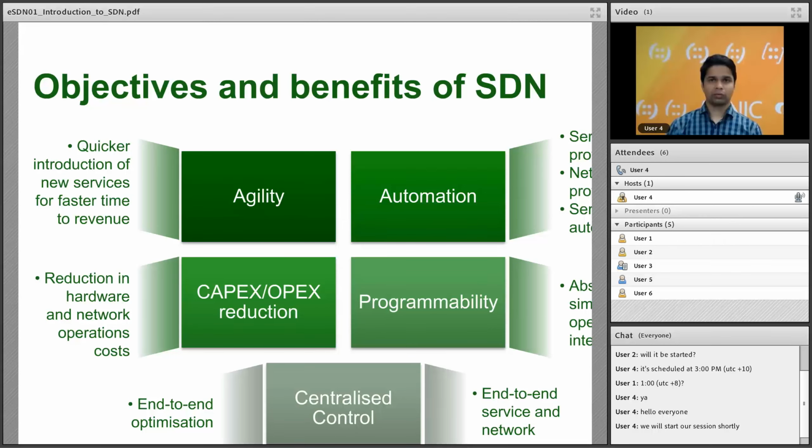And last but not least, we have a centralized control where we could see end-to-end optimization. Optimal decisions can only be made with a complete knowledge of the network, and we can see the end-to-end service and do the network management, which is one of the major objectives for the SDN.